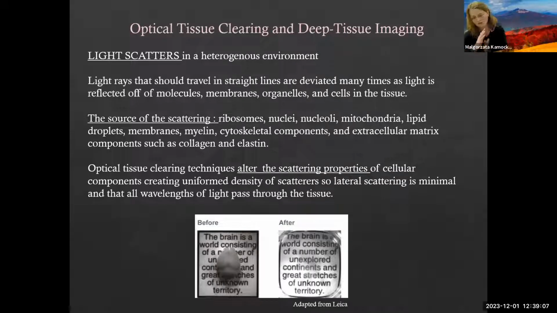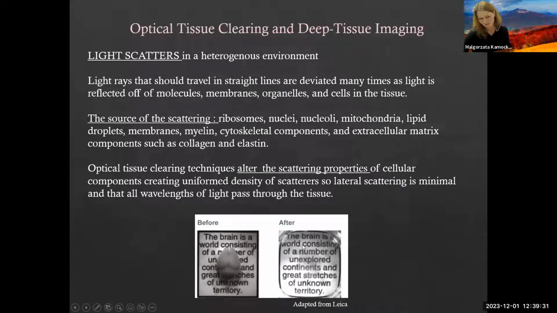And there are many sources of scattering: the membrane, lipids, mitochondria, cytoskeleton, all these cellular structures, or the tissue components scatter light a lot. So that's why we are not able to image deeply. So on this image, there is a brain, the entire brain imaged before tissue clearing and after.